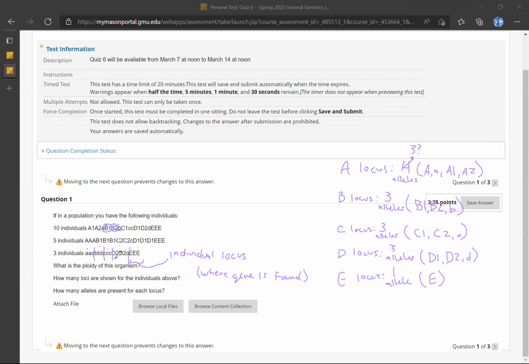So yes, three alleles do represent the D gene at the D locus, but in the case of these three individuals, there are two different alleles. But yeah, the wording definitely could have been more clear.